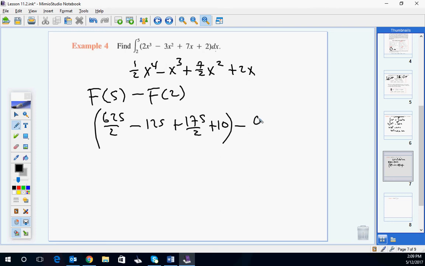16 over 2 is going to be 8 minus 8 plus 4, 2, 14 plus 4.